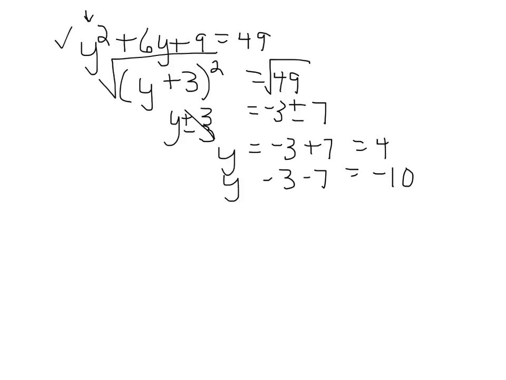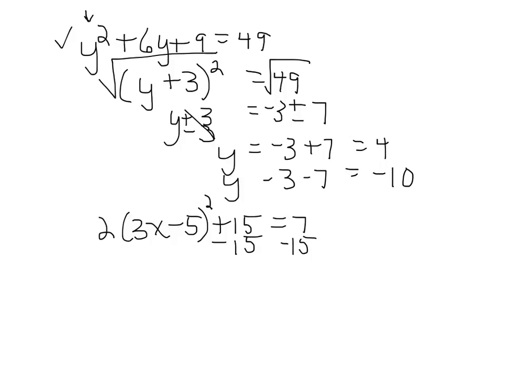How about this one? 2 times 3x plus 5 squared plus 15 equals 7. In getting that square alone, I subtract 15, and I get negative 8.